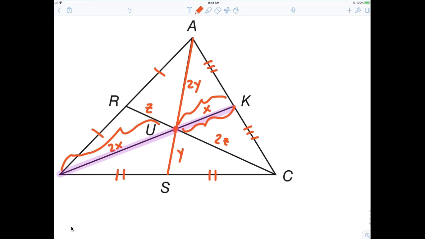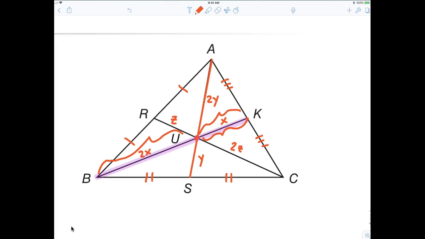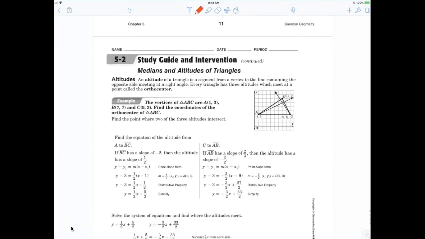If it was an equilateral triangle, then it would be perpendicular. You see how all sides are different? It would be if it was an isosceles triangle or an equilateral triangle, but those are just the rare exceptions. Okay? So let's go to the next one.